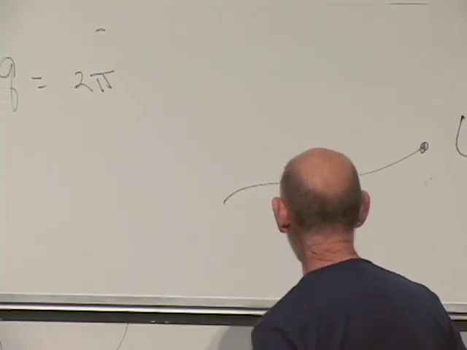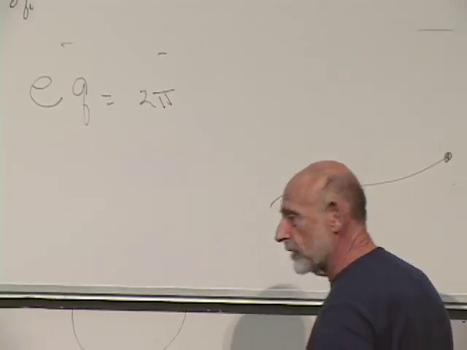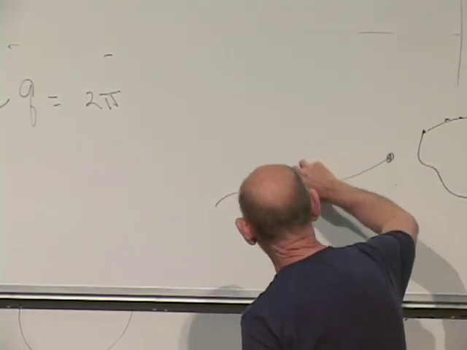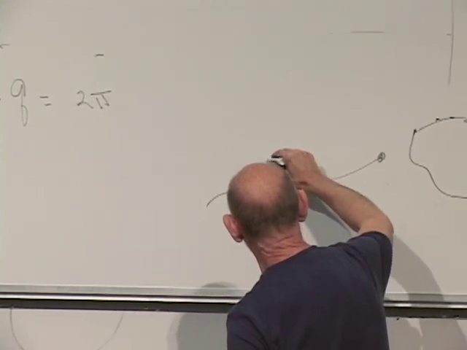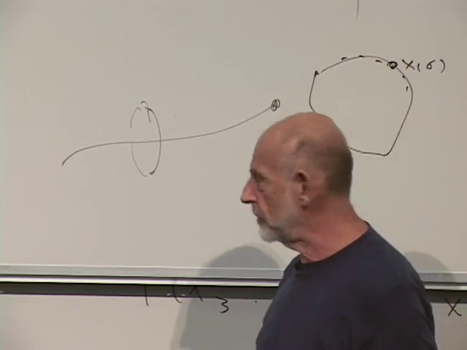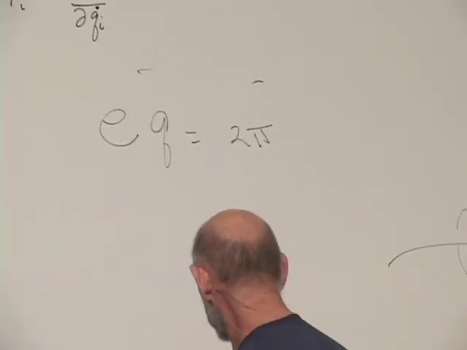This is the condition that if you have a monopole connected to a long string, it's the only way to make a monopole mathematically, so that charged particles which go around the string don't detect phase shifts. Right. E times Q is equal to 2 pi.